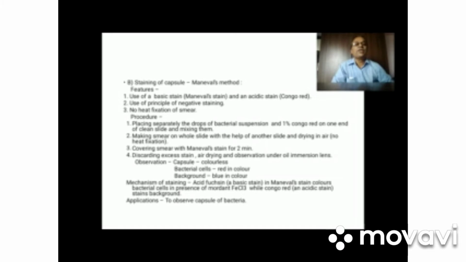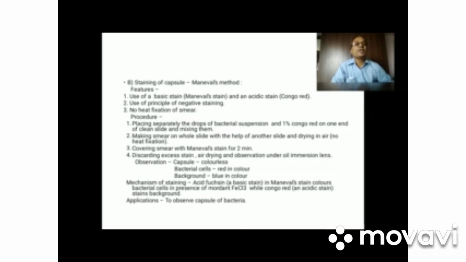We will see what the features of capsule staining are. Like cell wall staining, capsule staining uses two stains, of which one is a basic stain called Maneval stain, while the other is Congo red, an acidic stain. The Maneval stain contains the actual dye, acid fuchsin, which is a basic stain, and in addition it has a mordant called ferric chloride.